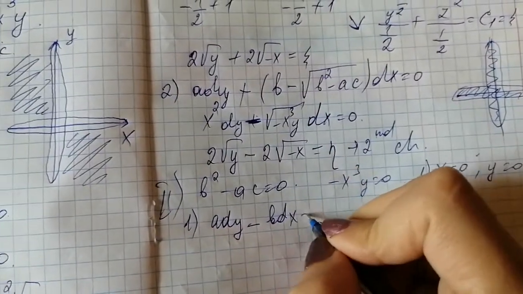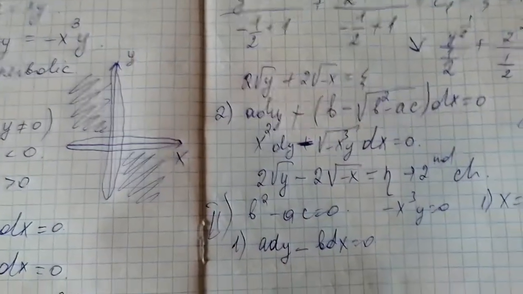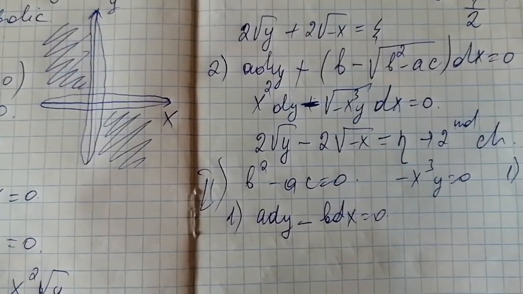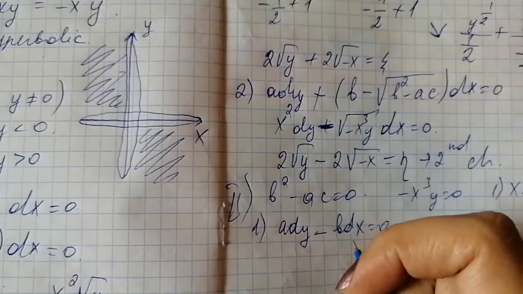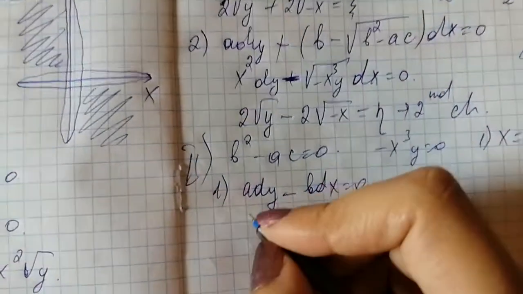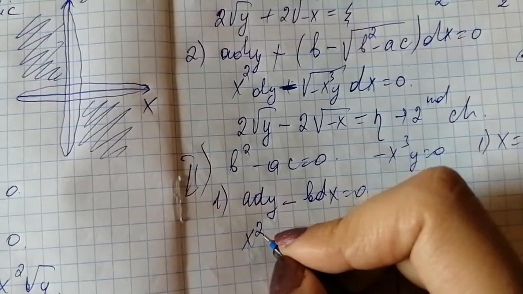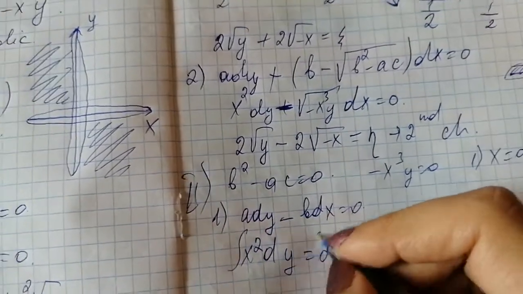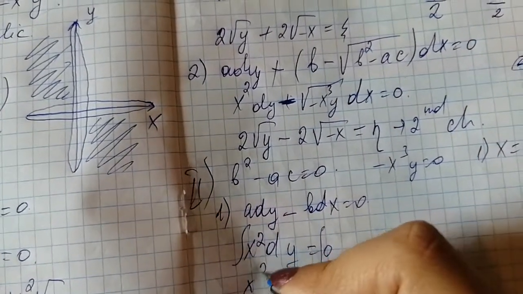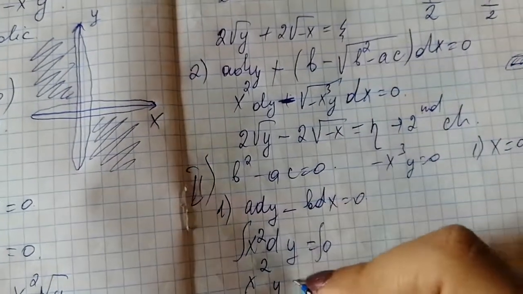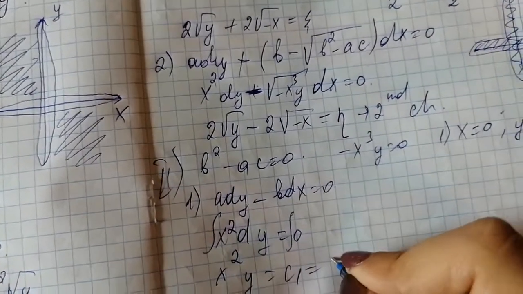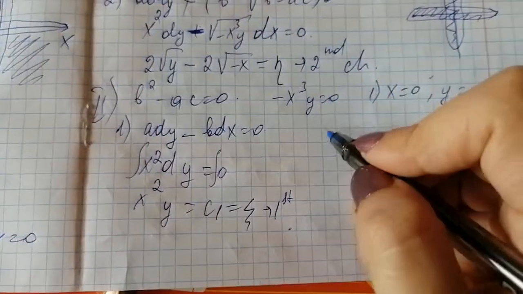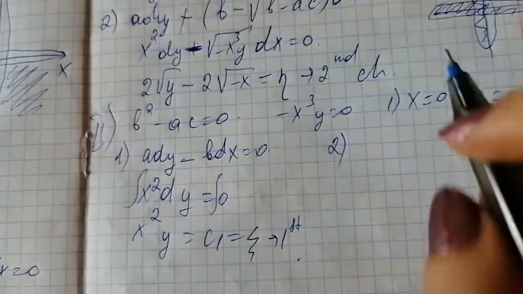You can find this formula by some calculations, but I write the obtained formula, and here square root of x squared dy is equal to 0, and I write that x squared y is equal to c1, and it's equal to c. This is the first characteristic. And how can we find the second characteristics of parabolic type of equation?